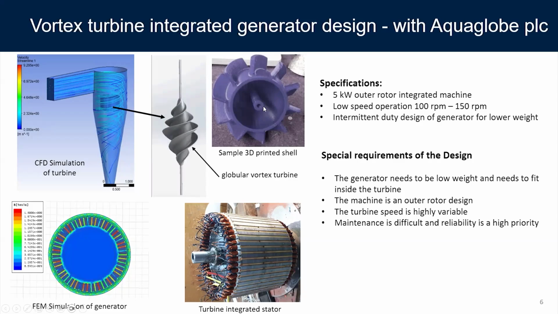The stator is stationary, and the turbine with the magnets rotates around it. So that's a specialized application, and it requires a direct drive design rather than a geared machine. That's one application with respect to hydropower generation.